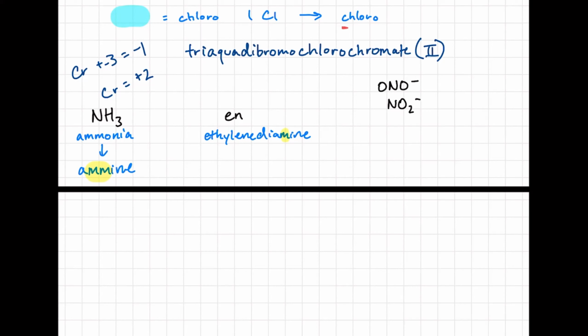So if you see something purposely written like this, they didn't do it because they wanted to be fancy. They did it because it's actually bonded like this in the molecule. So for example, this top one would be nitrito, and the bottom one would be nitro. I know there's an alternate spelling too, like nitrito-N and nitrito-O. I believe both of them are fine, but that's the one I remember.